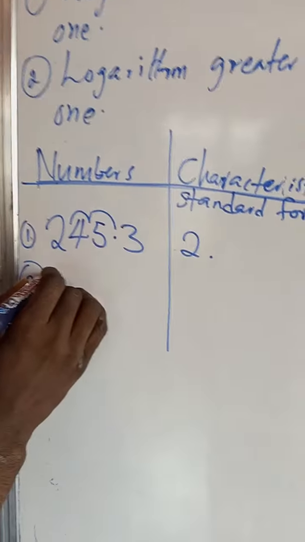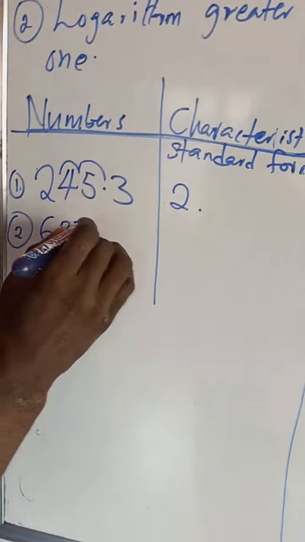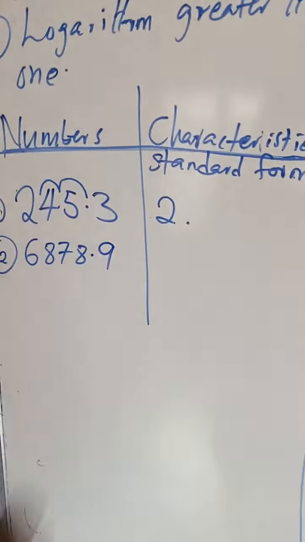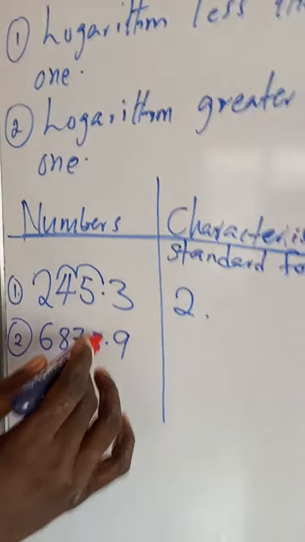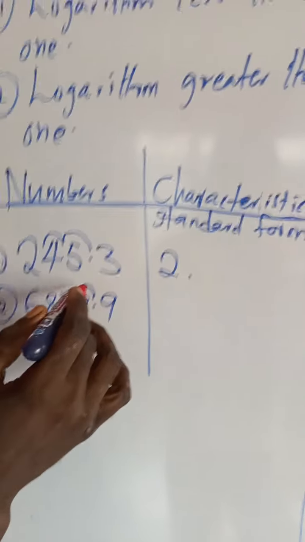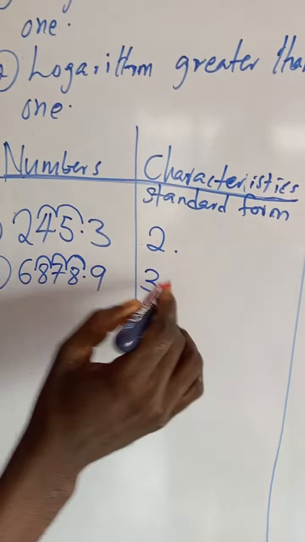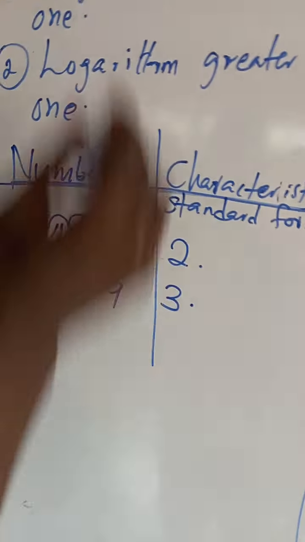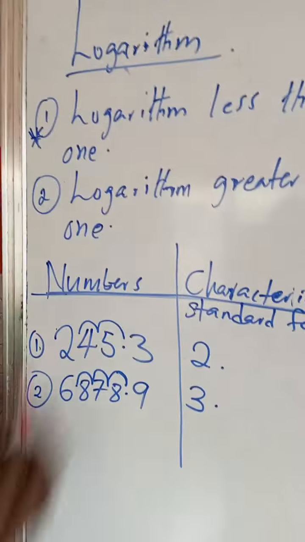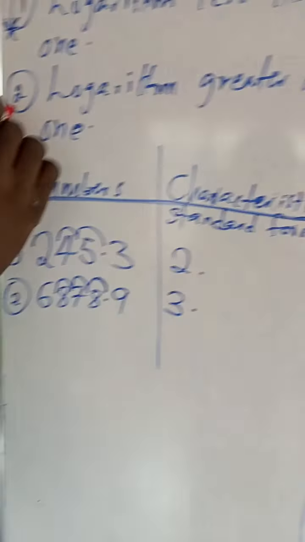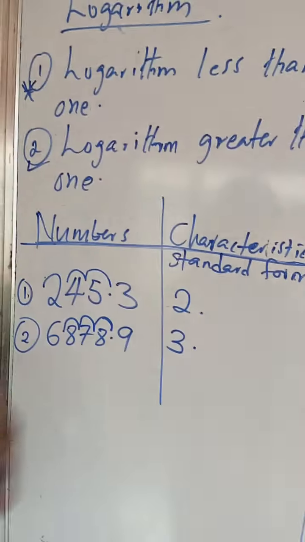Let's see another one. If we have 6878.9, the characteristic of this one, we shift it 1, 2, 3, so that's 3. So the numbers that are greater than 1 have a positive characteristic.